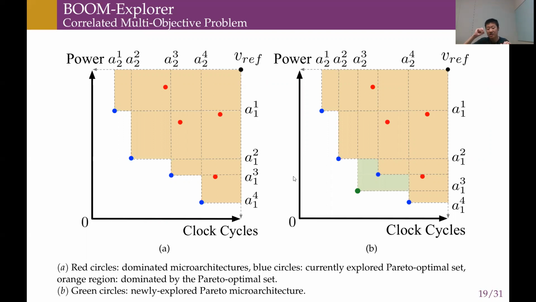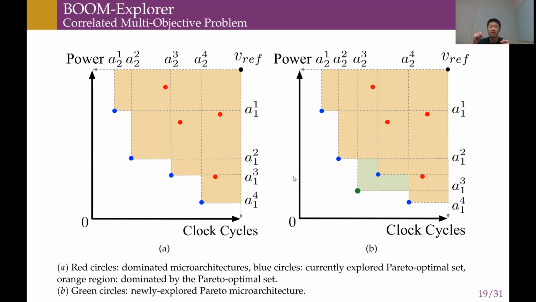If a newly explored parallel microarchitecture is found in figure B, we can see there is a gain in the parallel hypervolume, shown in the area of the green region.